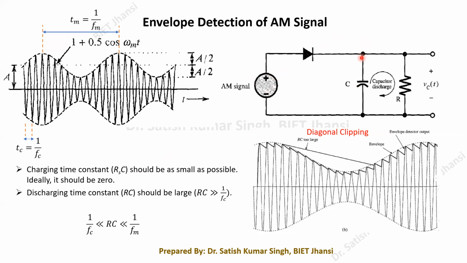We need it to completely and quickly charge to whatever voltage we have applied. This is fine, but now we have to think about what the discharging time constant should be.